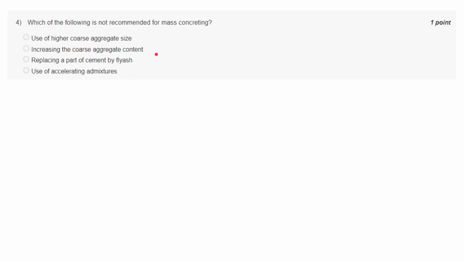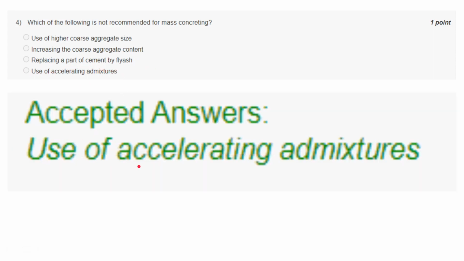Increase in coarse aggregate content is also important, so that will also reduce it. Replacing a part of cement by fly ash is also good because that will also reduce the heat of hydration. But use of accelerating admixtures will add to the heat. So this fourth option is the correct option. We don't recommend use of accelerating admixtures for mass concreting.